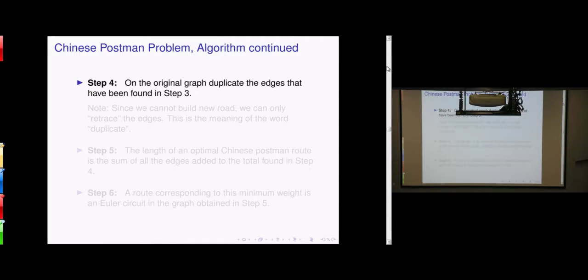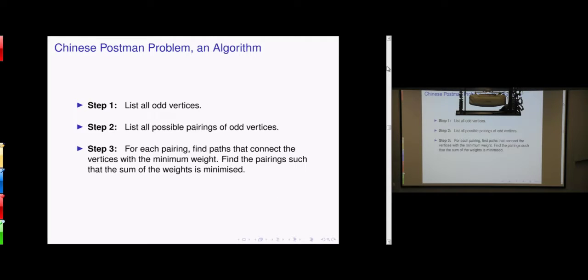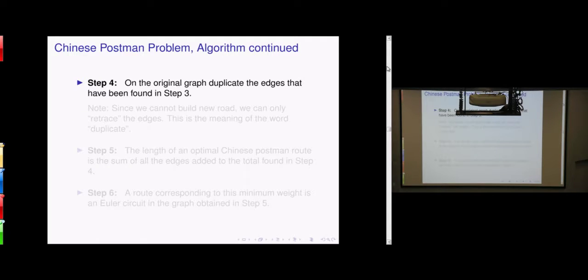Step 4, on the original graph, duplicate the edges that have been found in step 3. For each pair, you choose a path of minimum weight, and then you duplicate the edges that you identified at step 3.